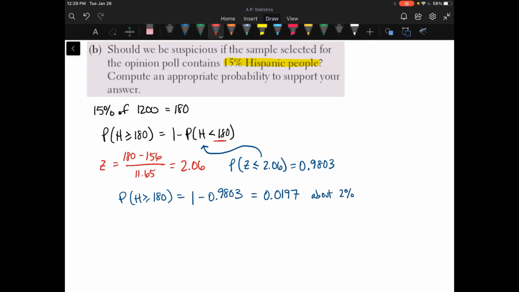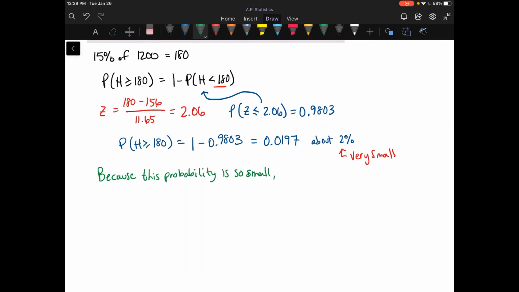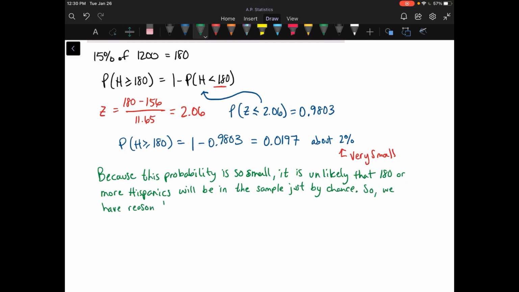This is very small. So we can say the following. Because this probability is so small, it is unlikely that 180 or more Hispanics will be in the sample just by chance. So we have reason to be suspicious about the sampling process.